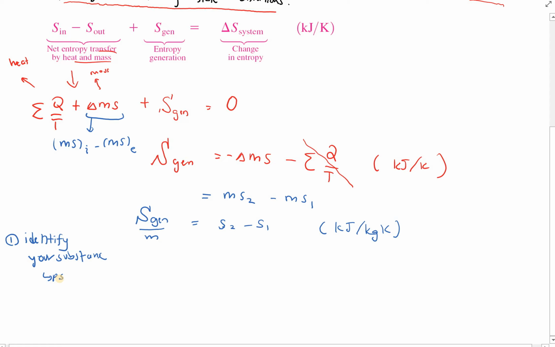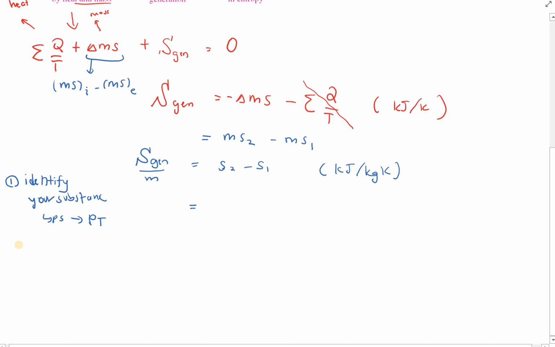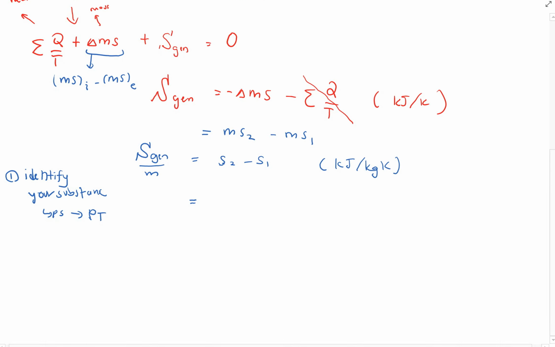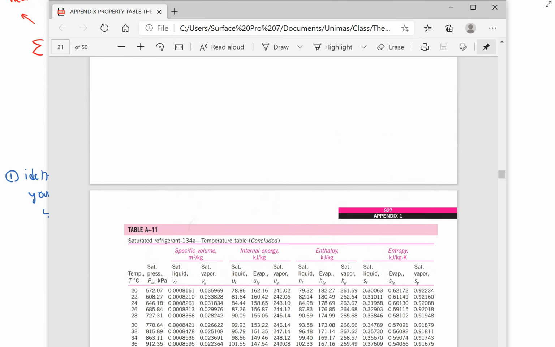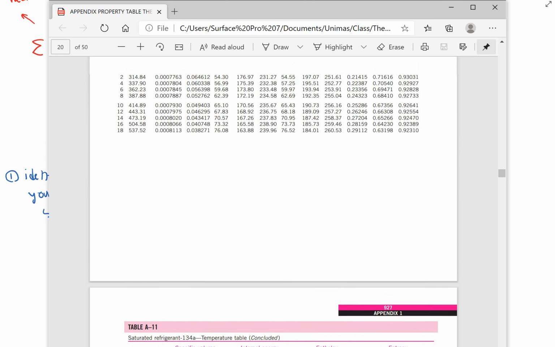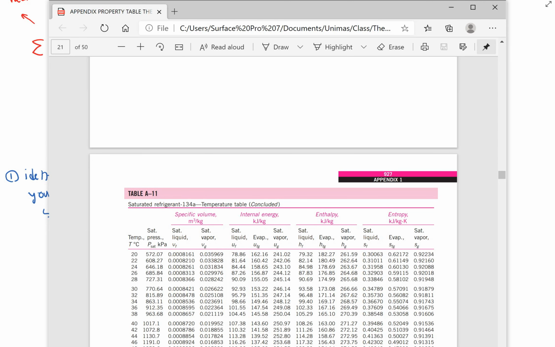If it's a pure substance, always go to the property table. So we look at our property table to find our s2 and s1. Which table should you refer to? You have to find it first. Make sure that you are looking at the R134A.